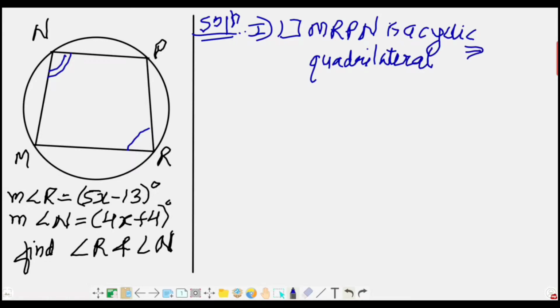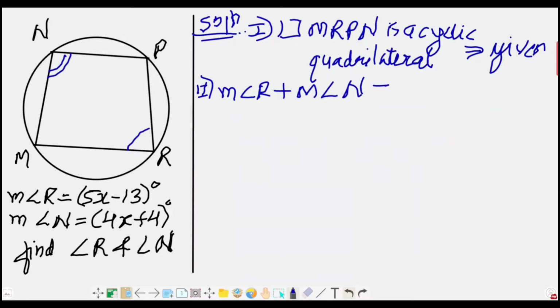This is given. Based on that, in the second point we can write that measure of angle R plus measure of angle N is equal to 180 degrees. What reason will you write? Only now I have discussed it: property of cyclic quadrilateral.